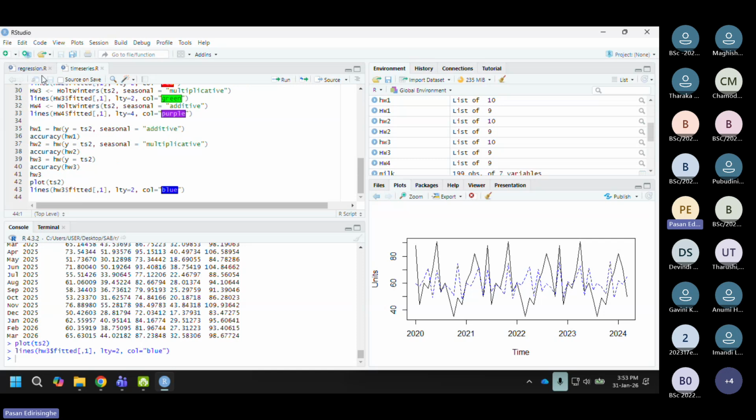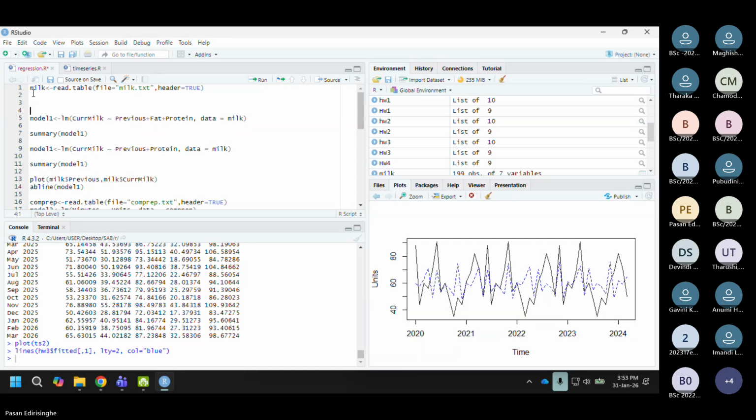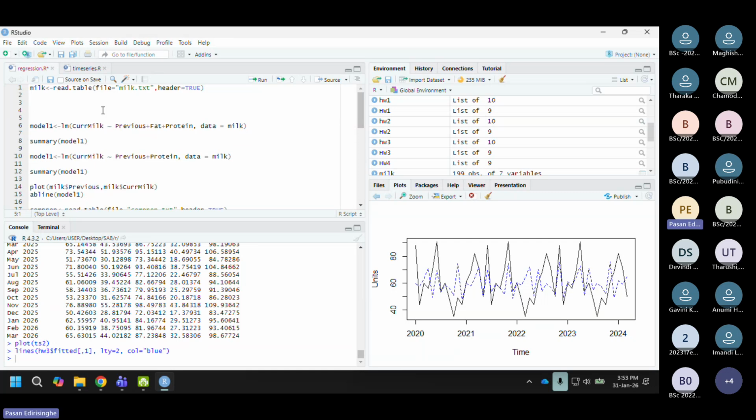Okay, so that's the idea of how we can work on our time series applications in the R software. And then in terms of regression, you can also try it. If you are trying the regression, then you can see I read one of the data sets labeled as the milk data set, right?